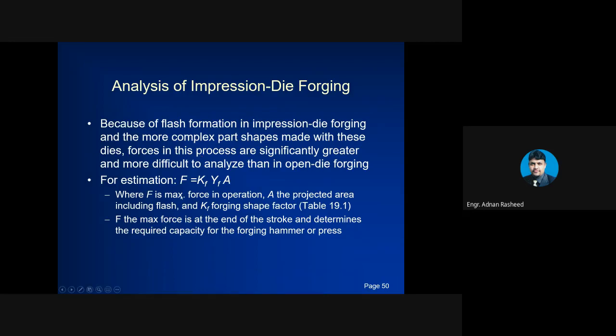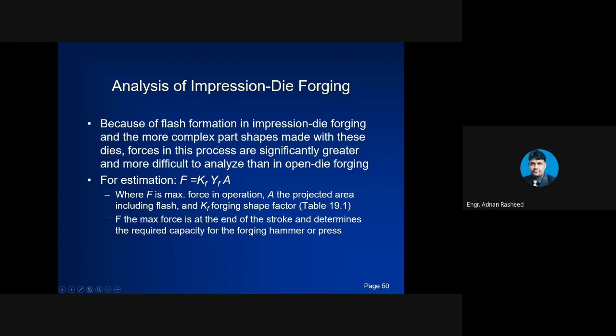For estimation, we use this formula: F = Kf × Y × A, where F is the maximum force in operation, A is the projected area including flash, and Kf is the shaping factor that is again given in the table. When you saw that previous example, you will clearly understand how to get the Kf value. F, the maximum force at the end of the stroke, determines the required capacity for the forging hammer or press.